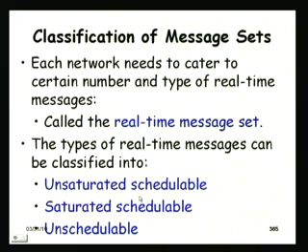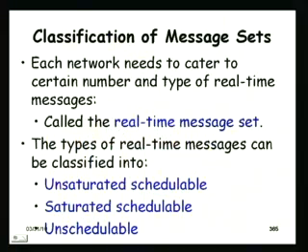So, if for a given situation, there is a set of messages in our system and we can design the network, or given our design, all the messages can be transmitted without any message missing its deadline, then it is a schedulable situation, isn't it? That is the unsaturated schedulable, because even if some message takes a little bit more time, still none will miss their deadline.